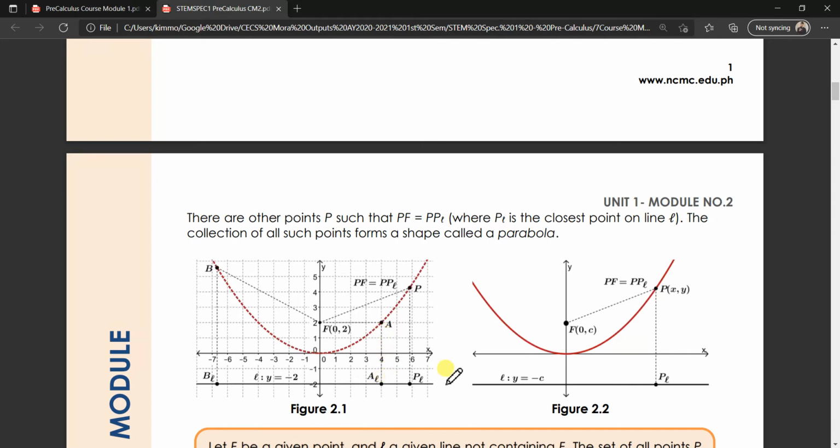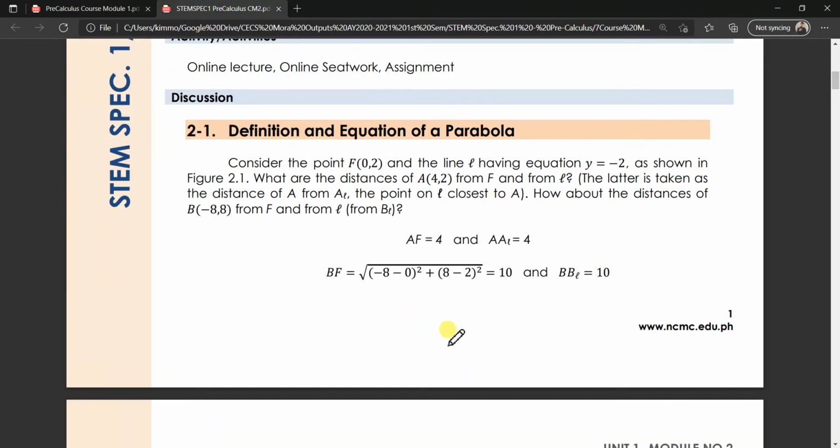So that is also equal to 4. Again, the distance from A to F is 4, and the distance from A to L is 4. That's why AF is 4, and AL, meaning point A to the line L, is also equal to 4.